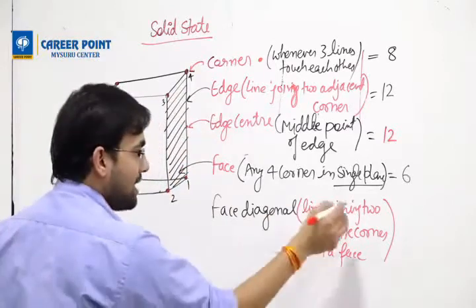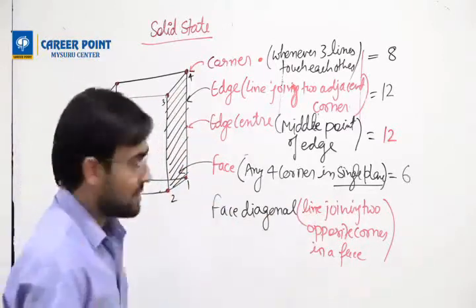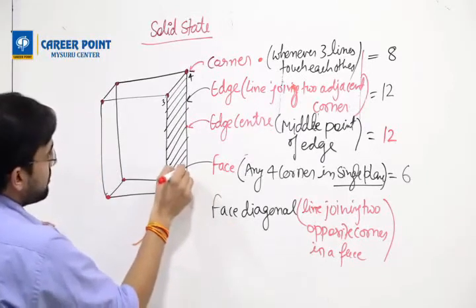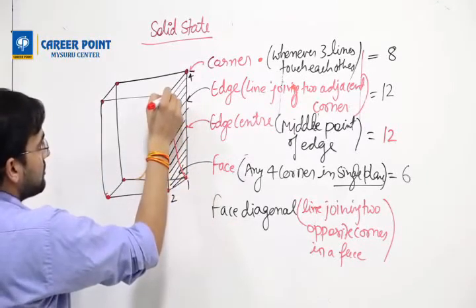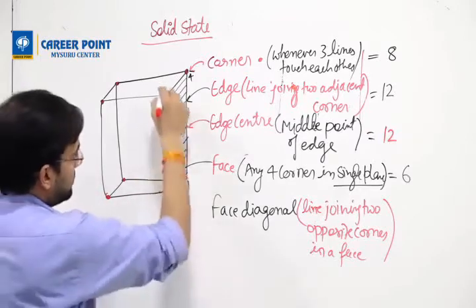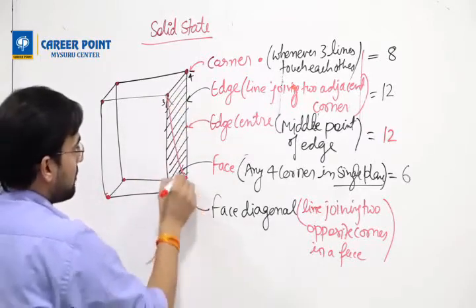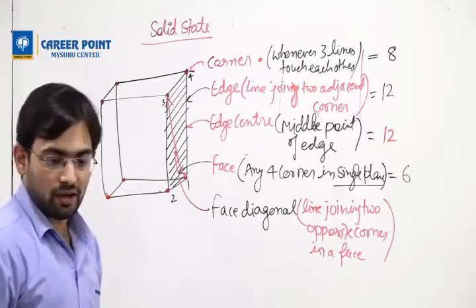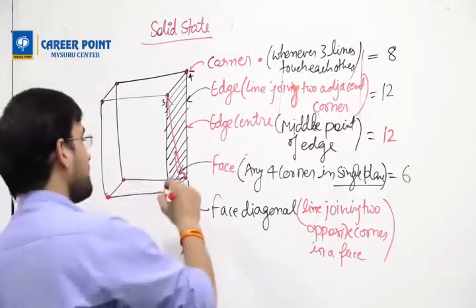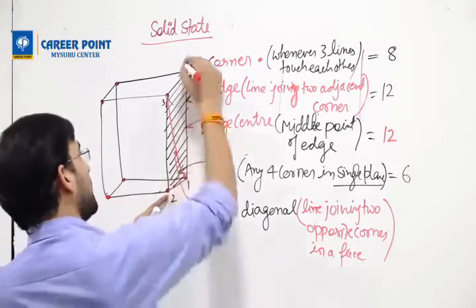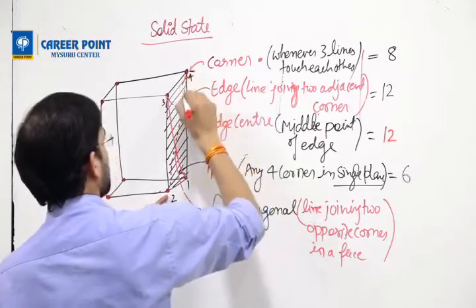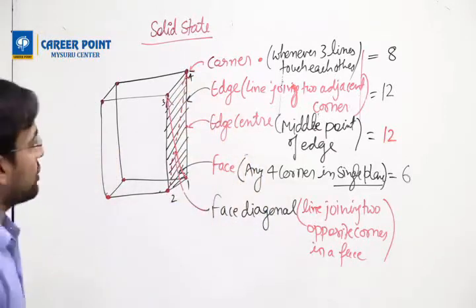Okay? So line joining means you have to draw a line. So when I draw a line, this becomes a face diagonal. This becomes a face diagonal. I can draw one more from this side to that corner. Generally we draw them with a dotted line.